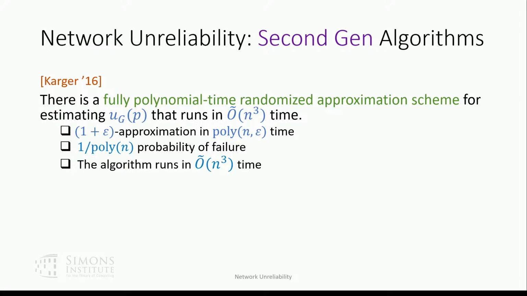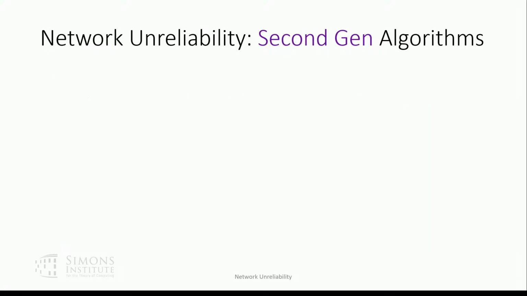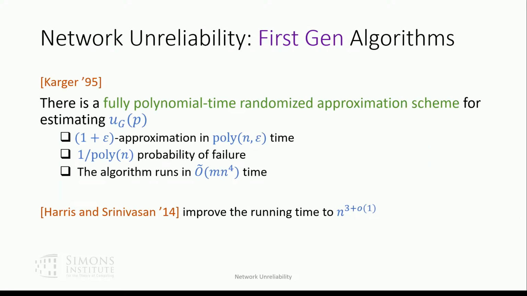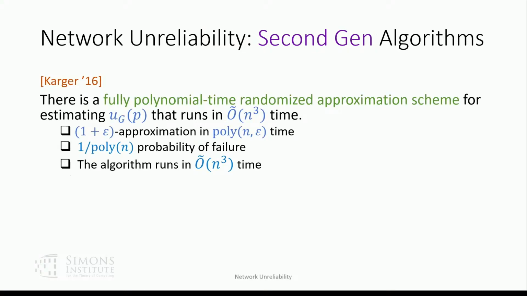It's not faster by a lot. Remember, the Harris-Srinivasan algorithm ran in time about n cubed times some subpolynomial term. This new algorithm replaces that subpolynomial term by some polylogarithmic terms. So it's a slight improvement, but conceptually it's a big leap, and we'll see what new ideas it brings in.